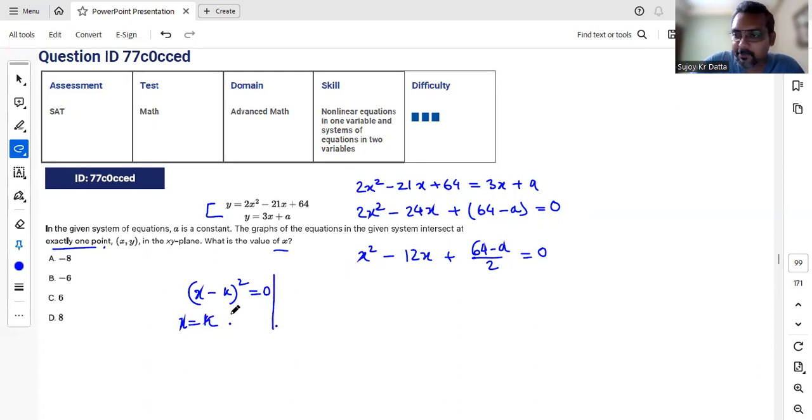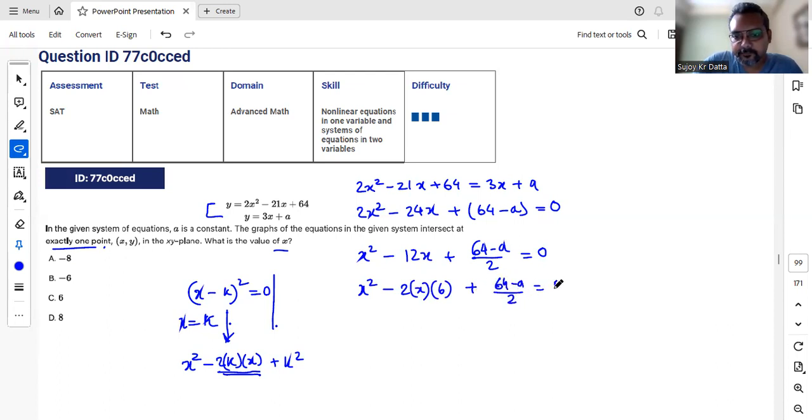To be able to do that, note that x minus k whole square boils down to x squared minus 2kx plus k squared. I need this. So this 12, I'll try to express in that form. So I have x squared minus 2 times x times 6 plus whatever that is. That means this equation must boil down to this form, x minus 6 whole square equal to 0.